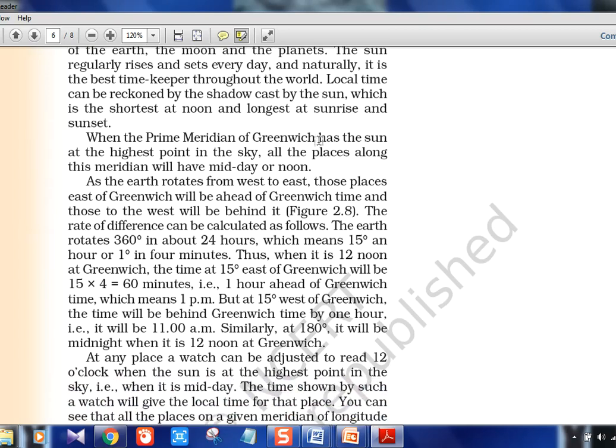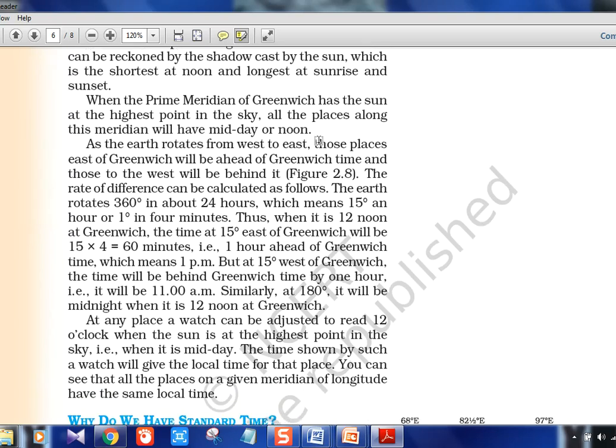Again, how to calculate the time based on location from the GMT. GMT, you know, is at London, and from there Indian time is 5.5 hours ahead. To find the time at any place, you should know that for every 15 degrees there is a difference of 60 minutes, that is 1 hour.